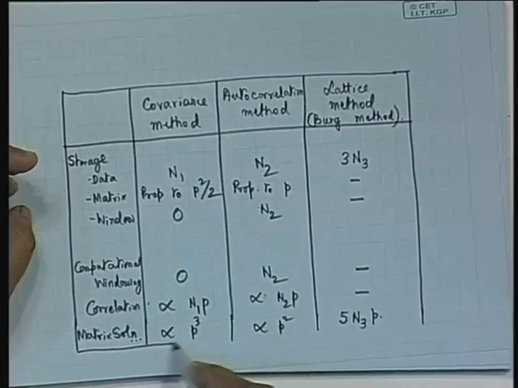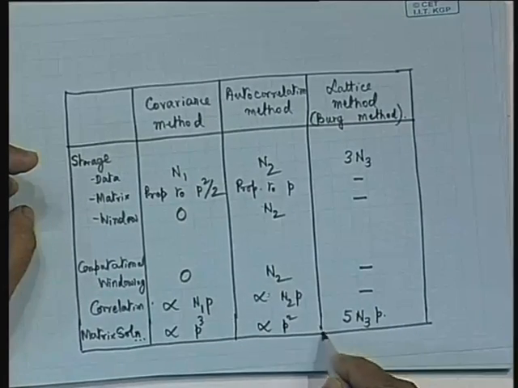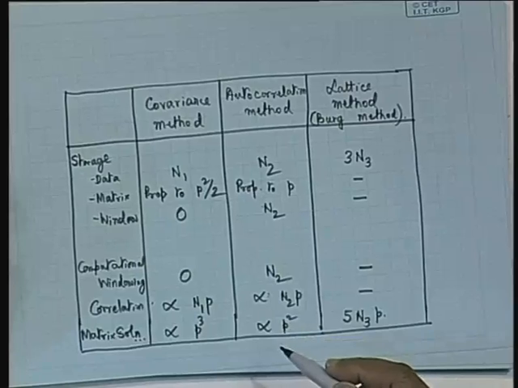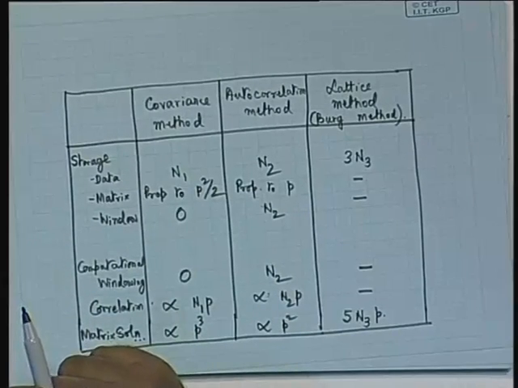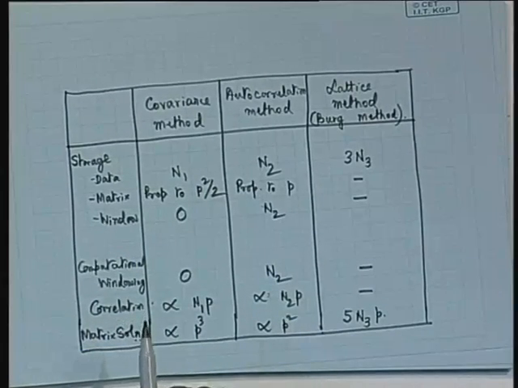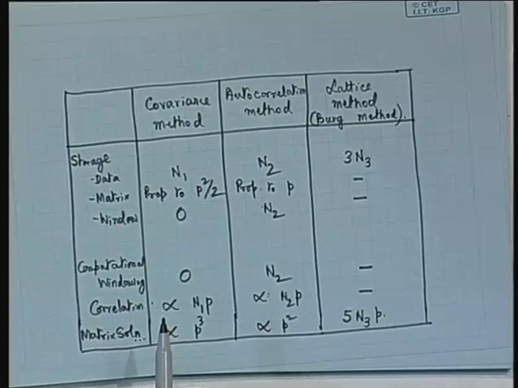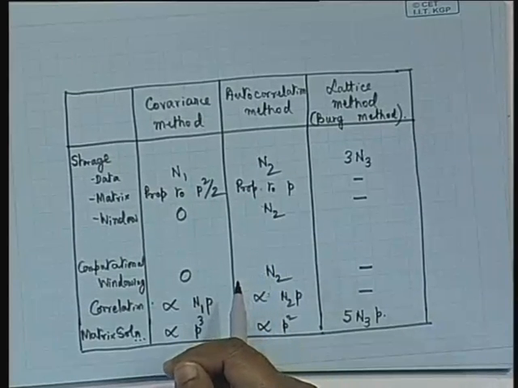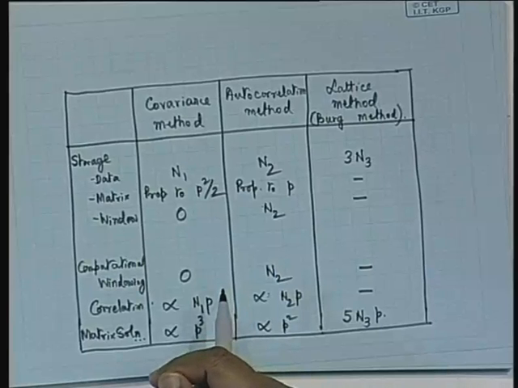We are not going into the exact derivation, but it is just to give you an idea about what sort of storage and computational comparisons one gets by comparing these three methods: covariance, autocorrelation, and lattice.